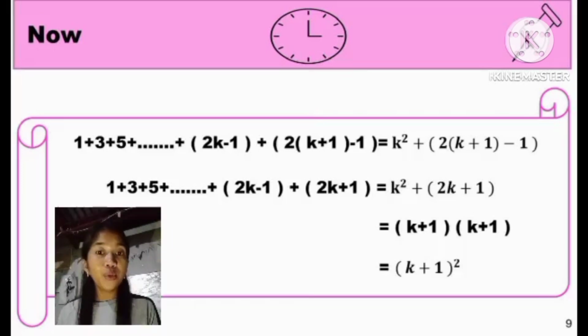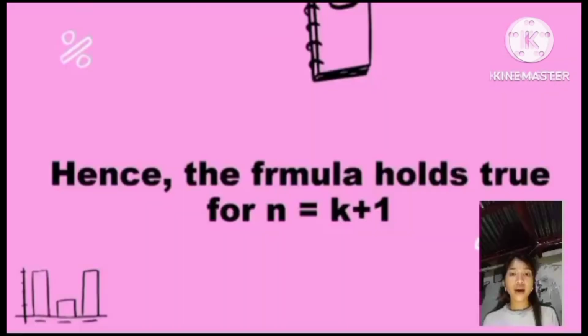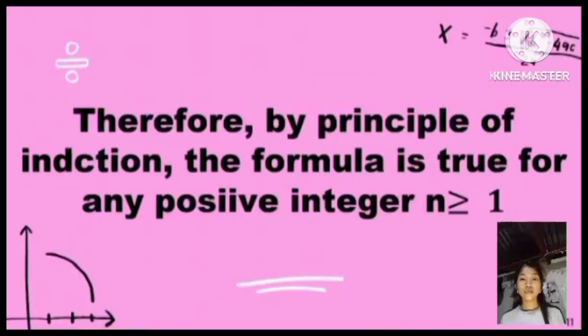So now we factor the k squared plus 2k plus 1, and we get the quantity k plus 1 times the quantity k plus 1. Therefore, as a result, we have the quantity k plus 1 squared. Hence, the formula holds true for n is equal to k plus 1.